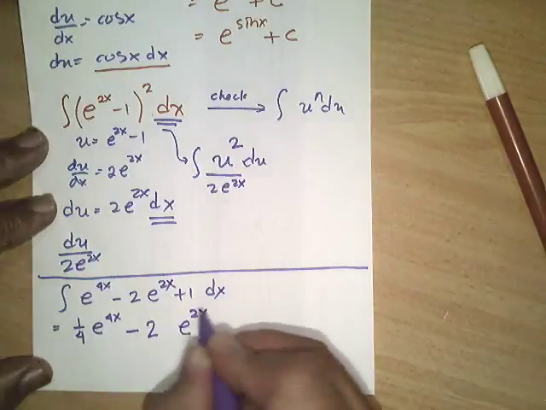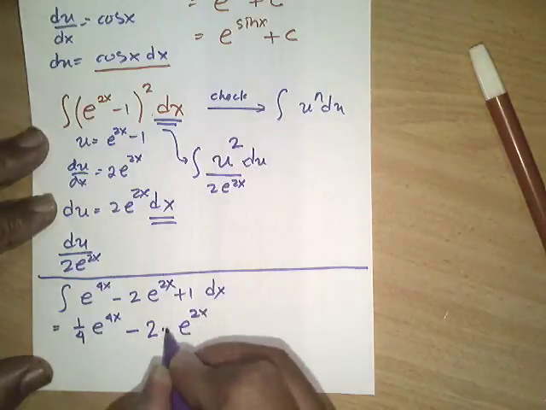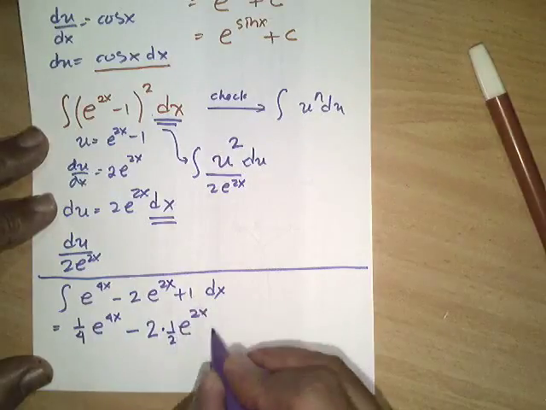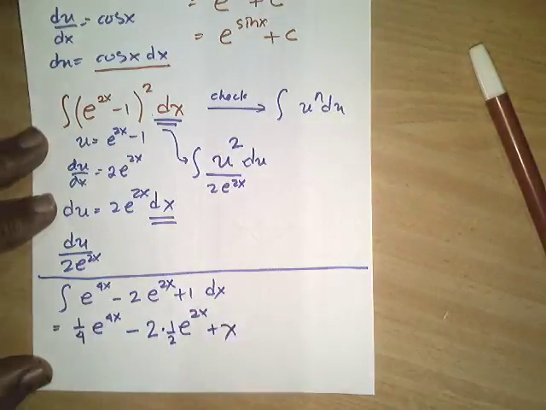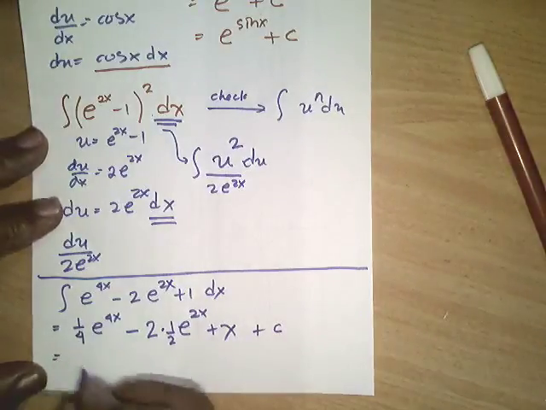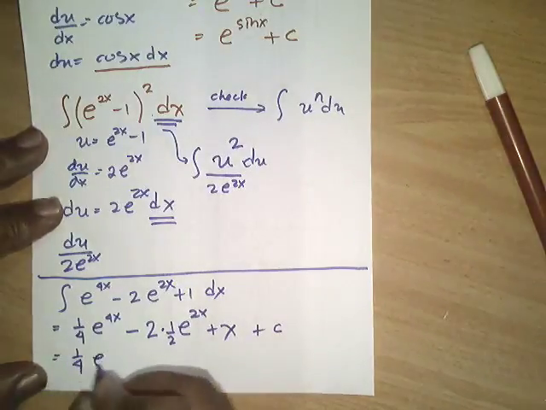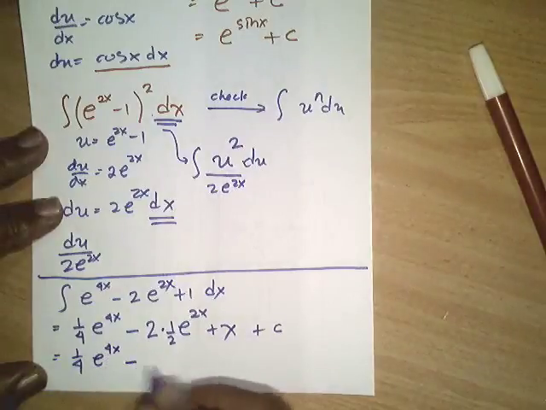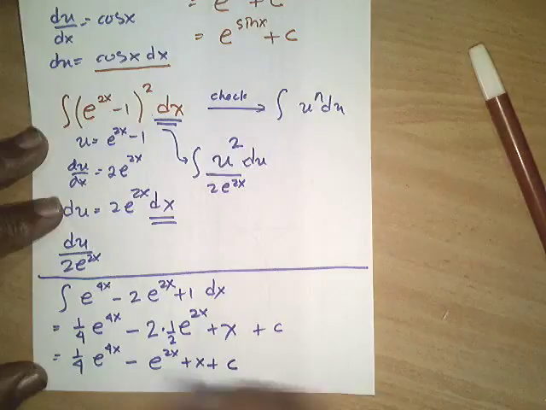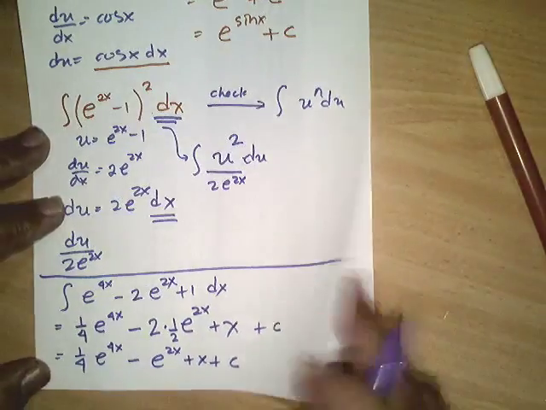Then you take the derivative of that, which is 2, then you reverse that one, 1 over 2. The integral of that is x. Then you have plus c. So therefore the final answer is 1 over 4 e to the 4x minus e to the 2x plus x plus c. So this one is the integral of that.